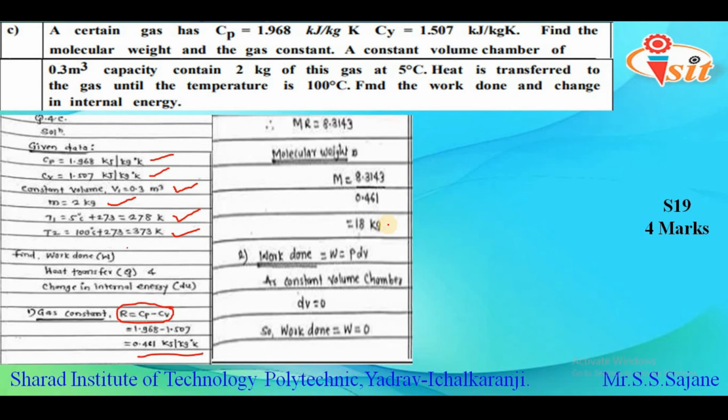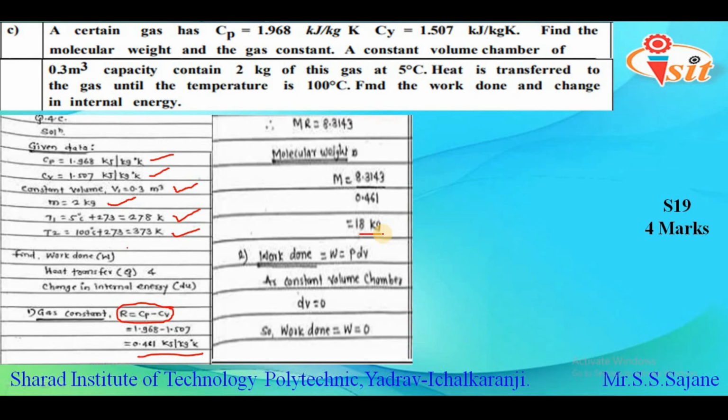As we already know, the value of universal gas constant is equal to 8.314. So by substituting this value as well as the value of gas constant which we have just calculated, we will get the molecular weight equal to 18 kg. Okay, so this is a simple formula, that is m is equal to the ratio of universal gas constant to characteristic gas constant, and this will give us the answer equal to 18 kg.